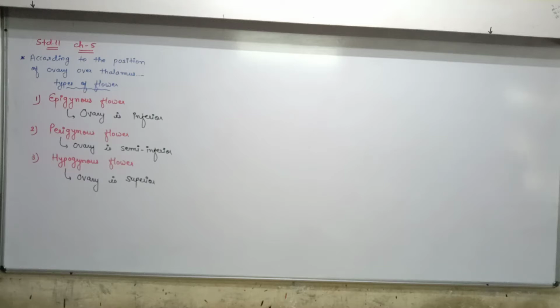So the ovary is superior, and all the remaining parts are below it. Semi-inferior ovary means all the parts are parallel to it. And in epigynous flower, all the parts are present above the ovary, because the ovary is totally covered by the thalamus. Clear?